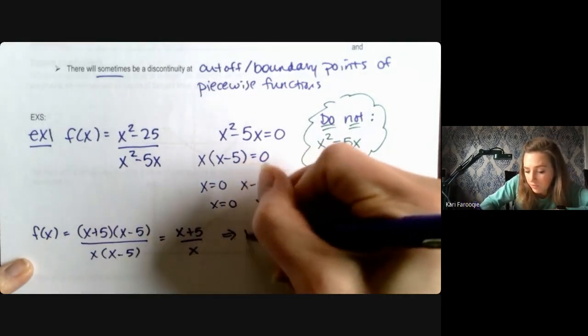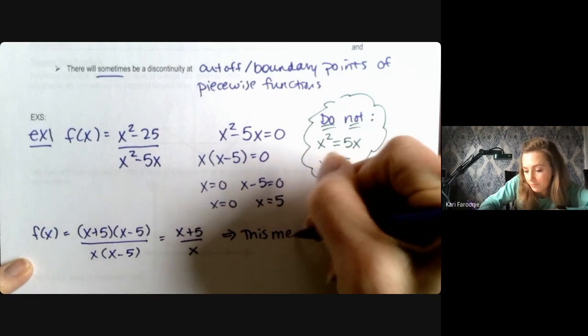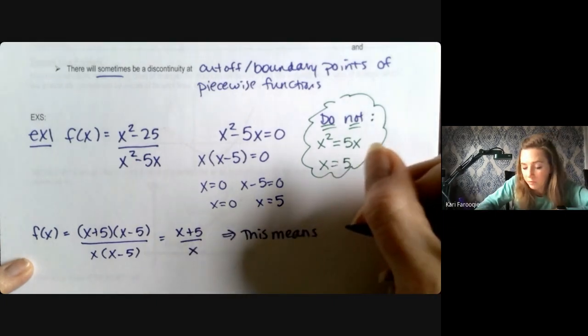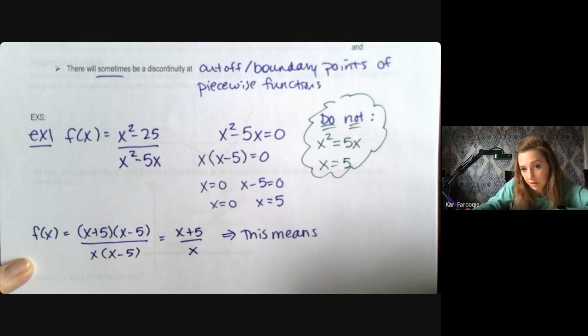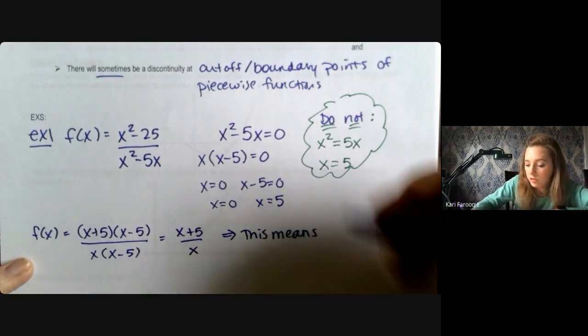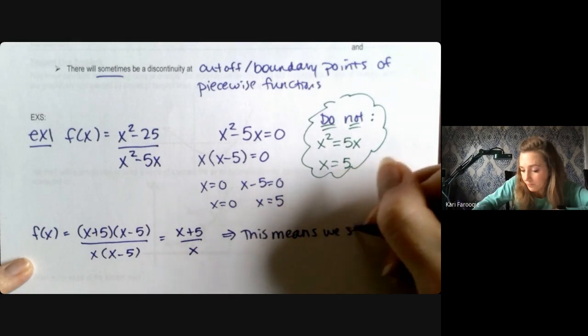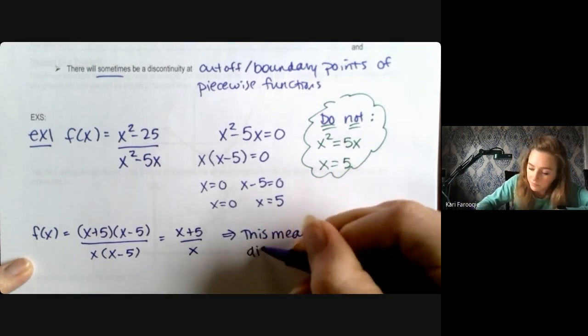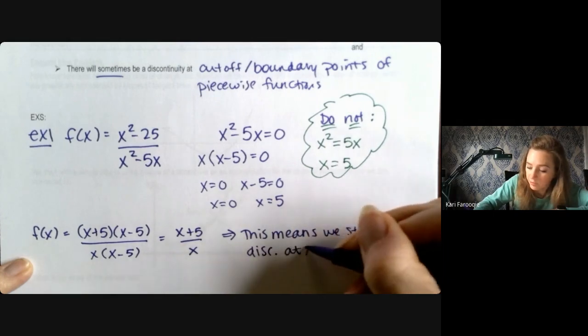This means that because we were able to cancel out the discontinuity at 5, we would actually have a hole in the graph at x equals 5. We still have a discontinuity at x equals 0.